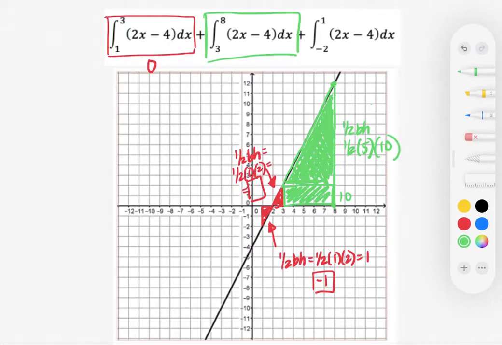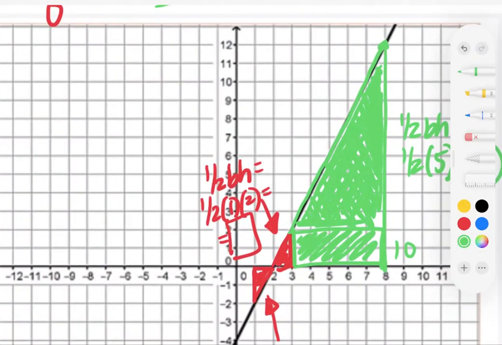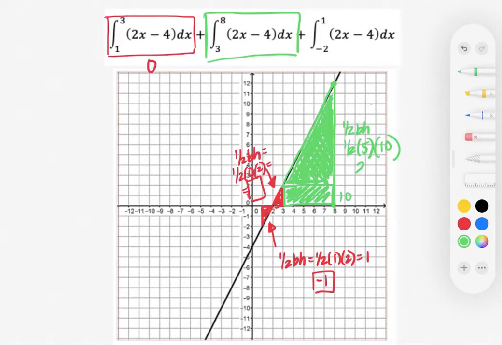So 1/2 times 5 times 10 is going to be 25. So combined, our area of 25 plus 10, this area right here is going to be a total of 35 square units.